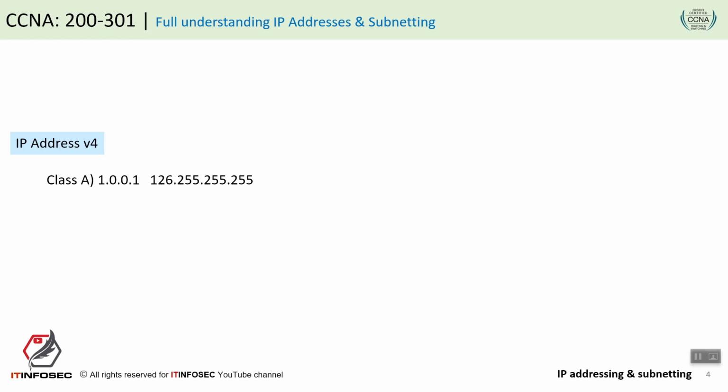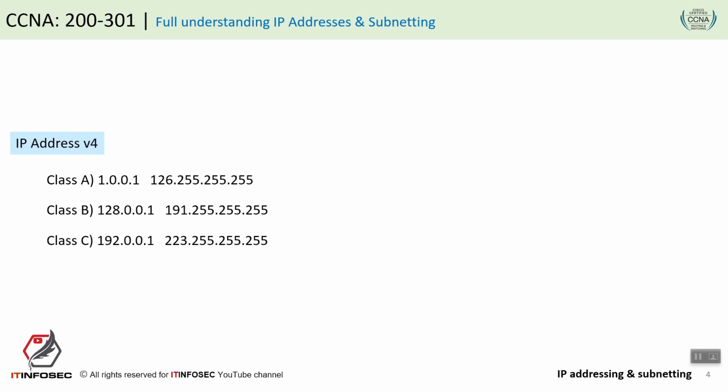Let me talk about the classes. The first class is class A. It starts from 1.0.0.1 to 126.255.255.255. Class B starts from 128.0.0.1 to 191.255.255.255, and class C starts from 192.0.0.1 until 223.255.255.255.